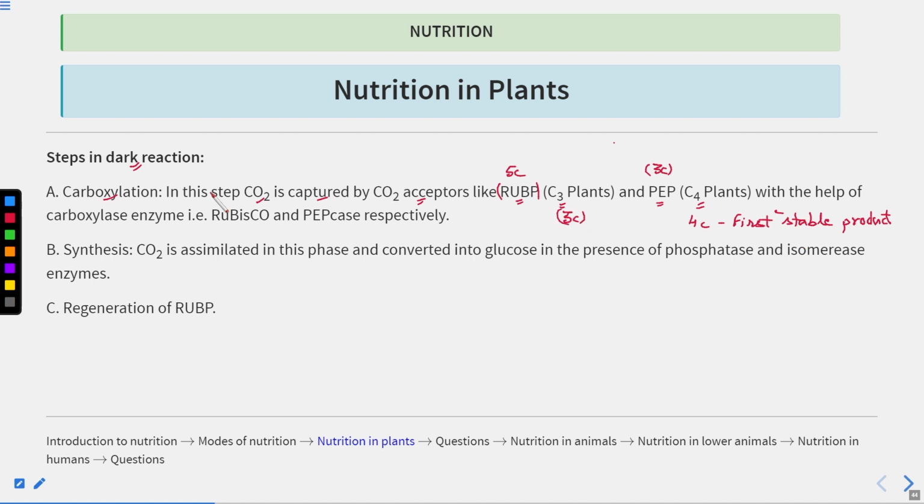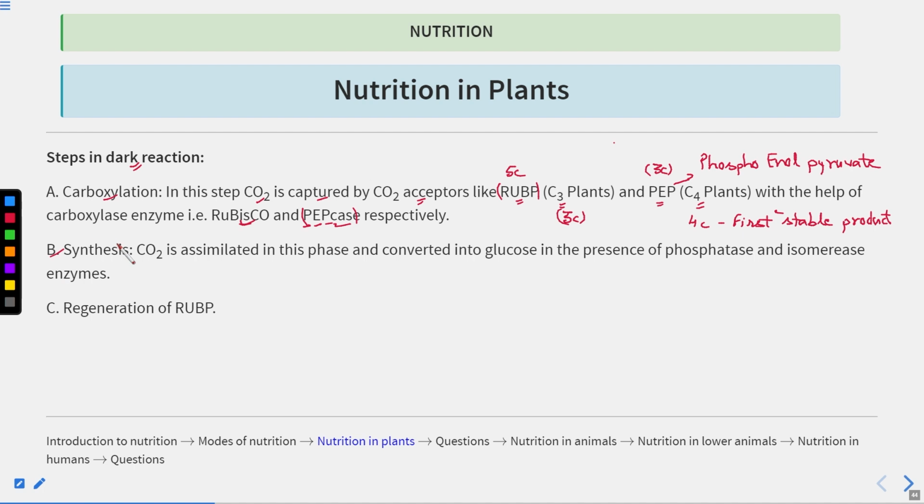Two enzymes are involved here. In C3 plants, Rubisco is involved in carbon dioxide fixation, and in C4 plants, the primary carbon dioxide fixation takes place with the help of an enzyme known as PEP carboxylase, also known as phosphoenol pyruvate carboxylase. So PEP is phosphoenol pyruvate.